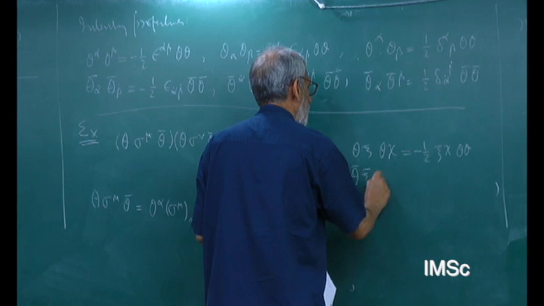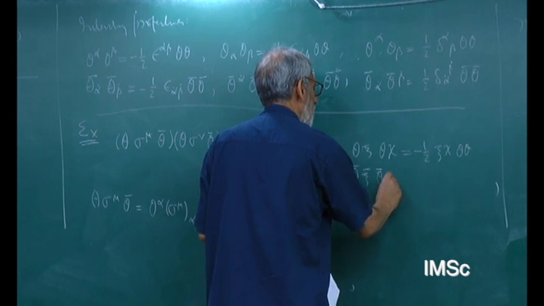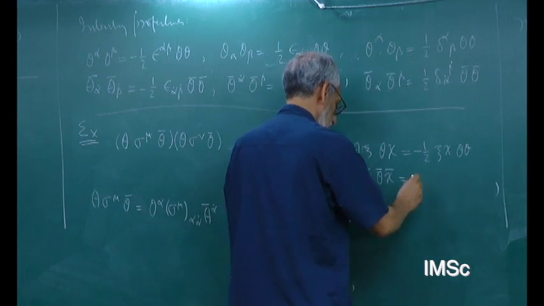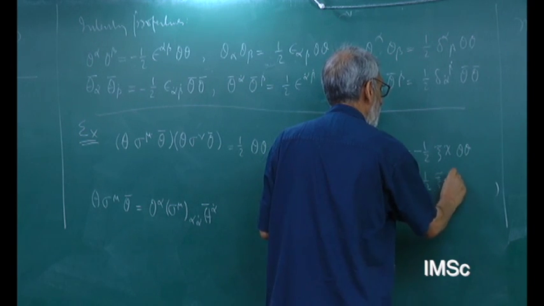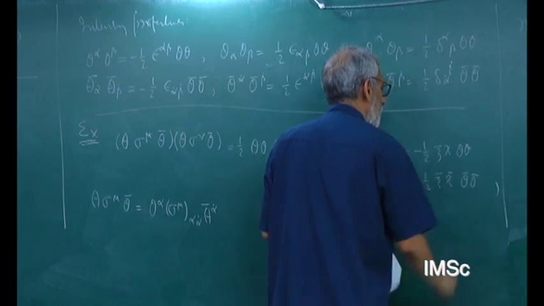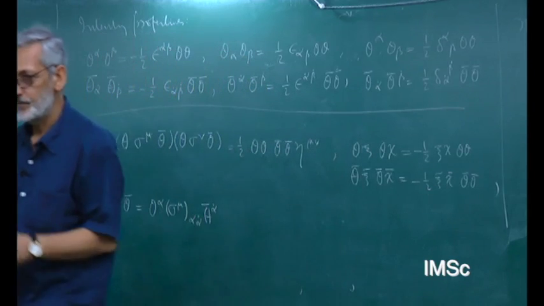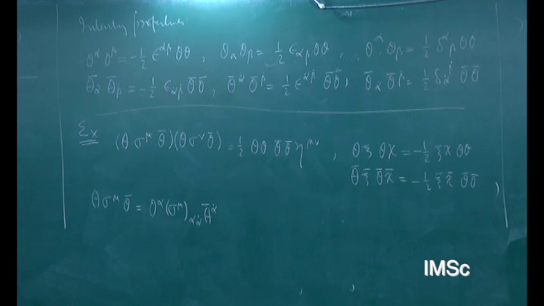Theta bar xi bar, theta bar chi bar is -1/2 xi bar chi bar, theta bar theta bar. You can use these to check that they are right, or you can directly use the rearrangement rules that we set up last time and check this is true.